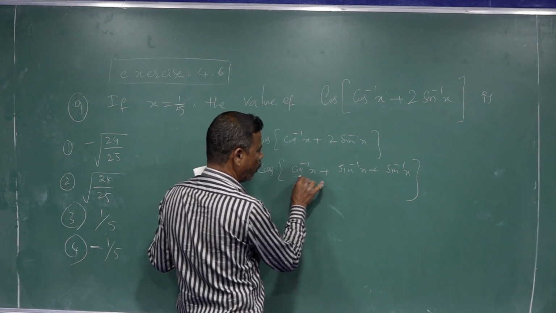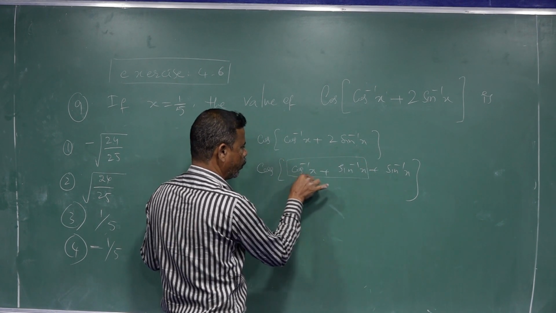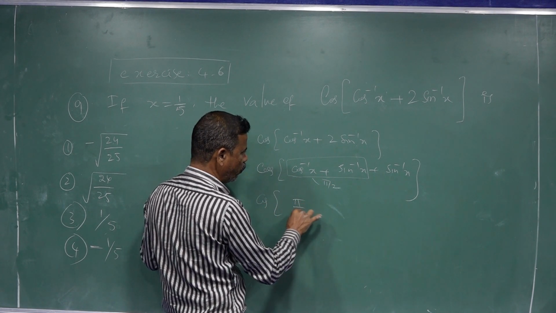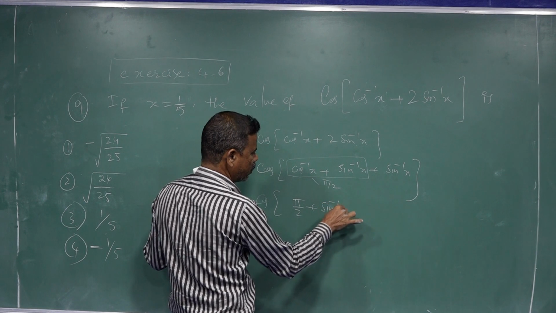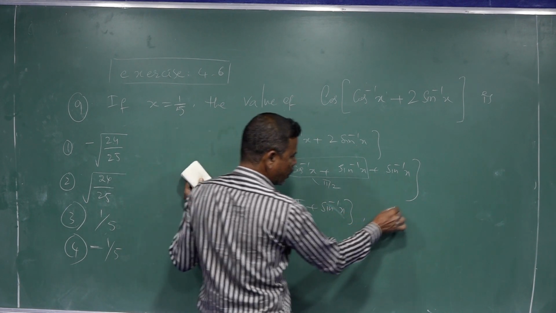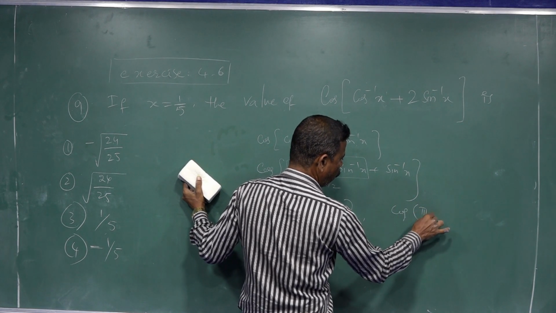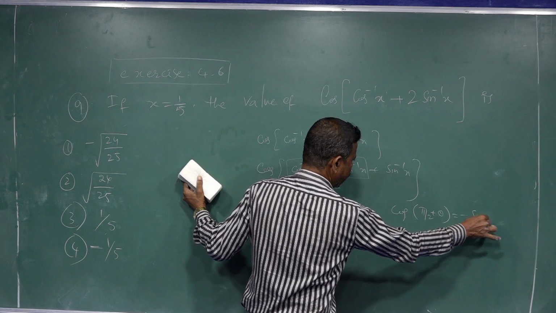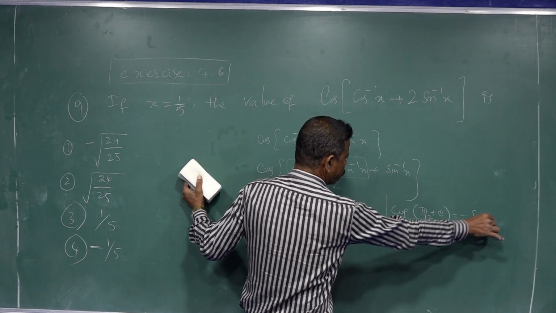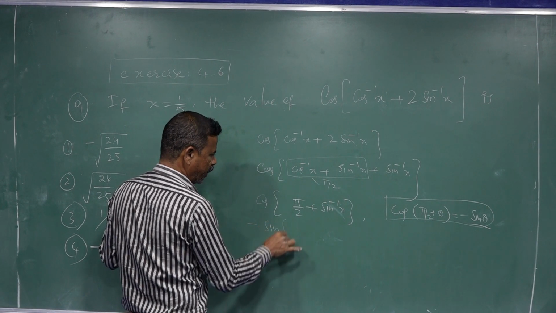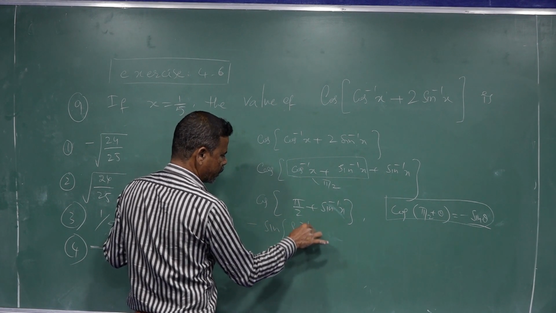So now according to formula, this is π/2. So now cos of π/2 plus sin inverse x. So this is cos of 90 plus theta. Cos 90 plus theta, what formula? It is the second quadrant, cos negative, minus sin theta. By using this formula, minus sin theta. Theta is the sin inverse x.